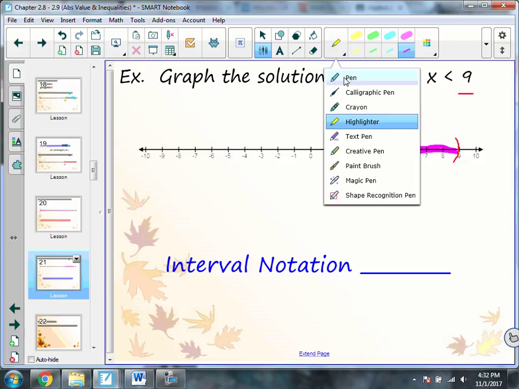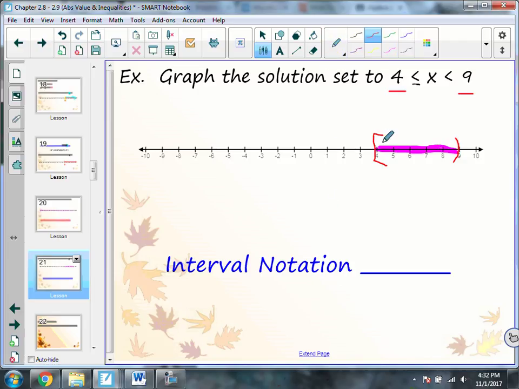Now when I state my interval notation for a bounded interval, all of the symbols are there. It starts with a bracket, just like on my graph. 4 is the lower bound, 9 is the upper bound, and it cannot equal 9, so I have the parenthesis there.